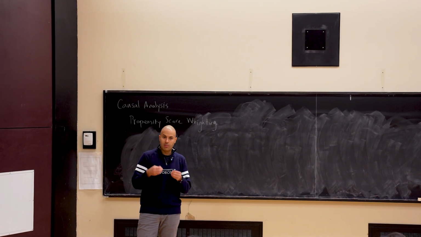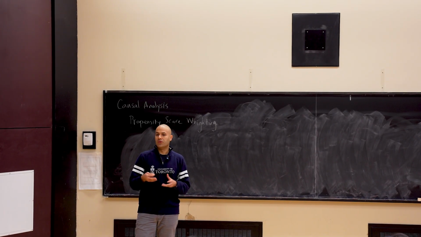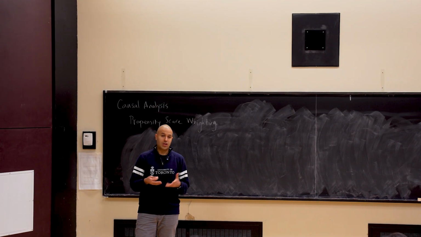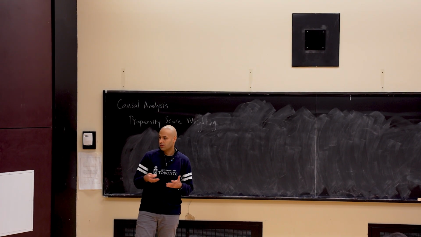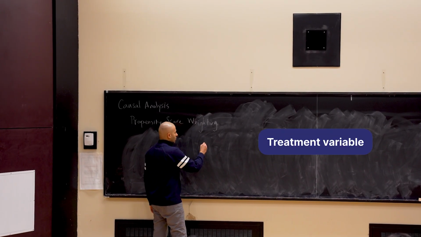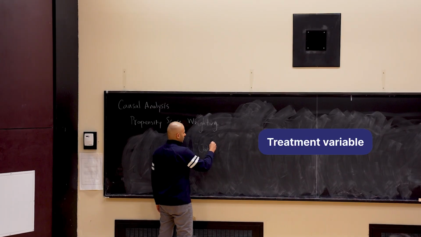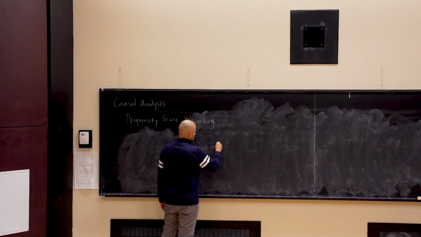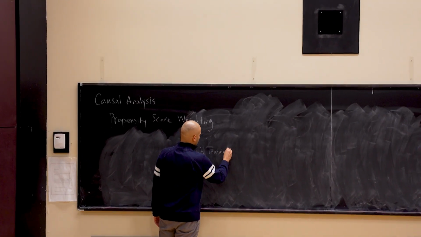We want to know by how many dollars on average their income would change in 3 years after the job training program. So this would be our treatment variable, participating in the job training program.